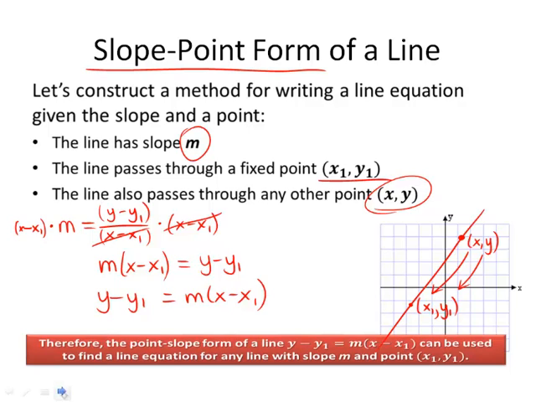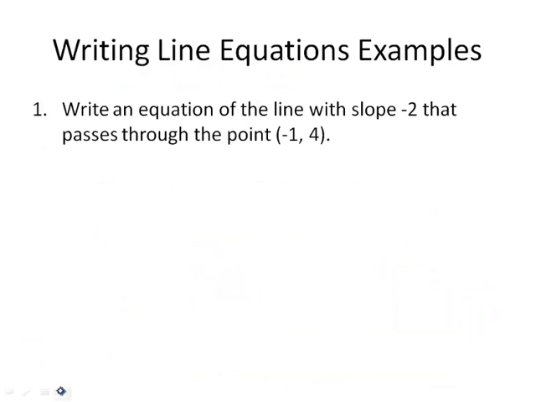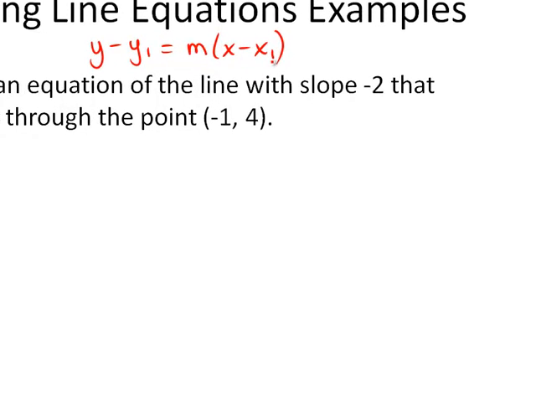This formula can be used to find a line equation for any line with slope m and specific point x1, y1. Let's try it out. Here's our formula, which is built on the definition of slope. Here they give us some information about a line.